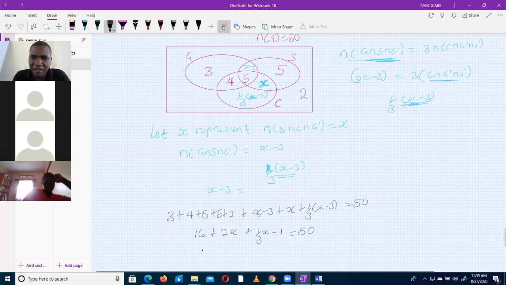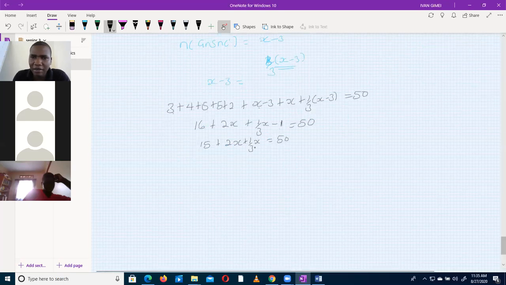I'll have 15 plus 2x plus a third x equals 50. I take 15 to the other side, I'll end up with 2x plus a third x equals 50 minus 15.